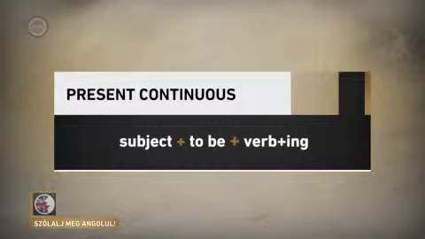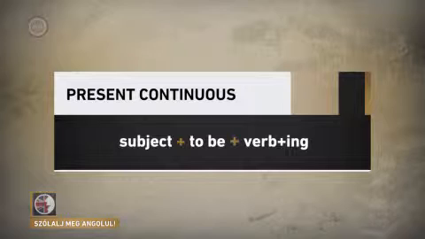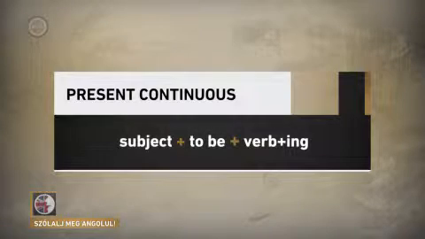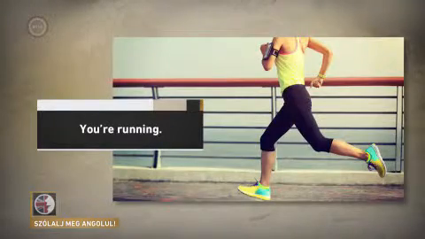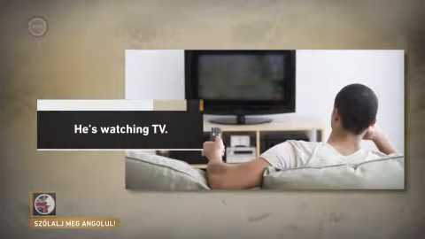Well, it's simple. The present continuous is the verb to be and the ing form of a verb. I'm talking, you're running, he's watching TV, for example. Simple, isn't it? The only two places where we have to be careful are where?